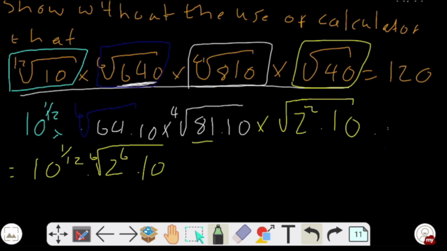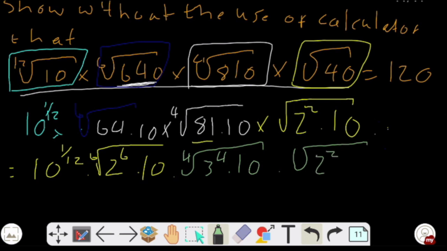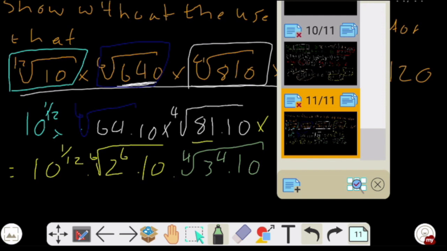81 we can say the 4th root of 3 to the power of 4 times 10, which is still the same, and say 2 to the power of 2 times 10. Let me try to create some space and try to rewrite everything.